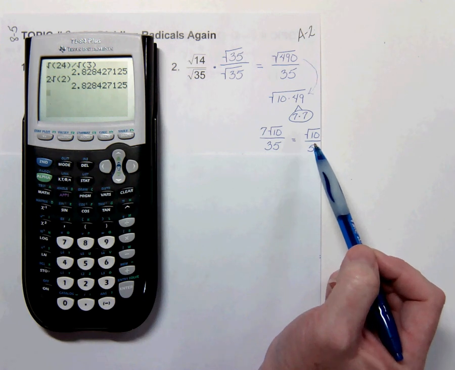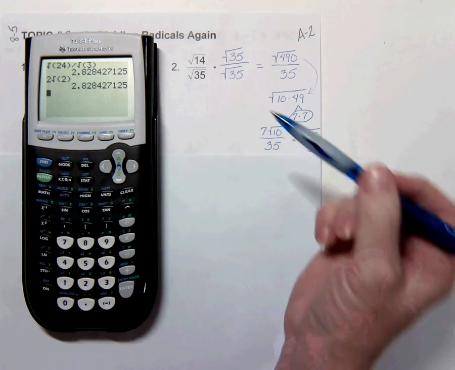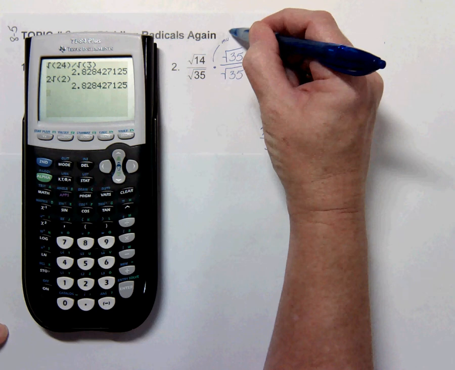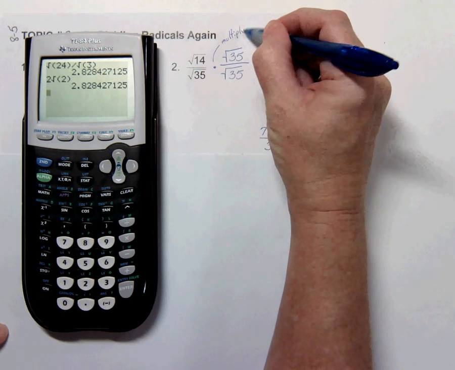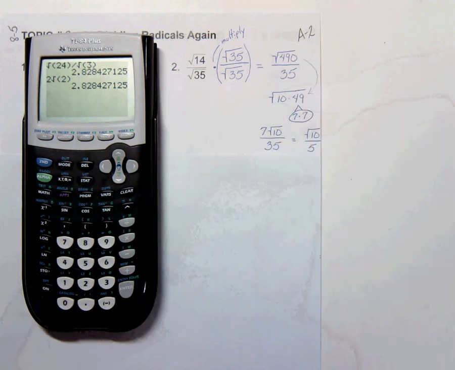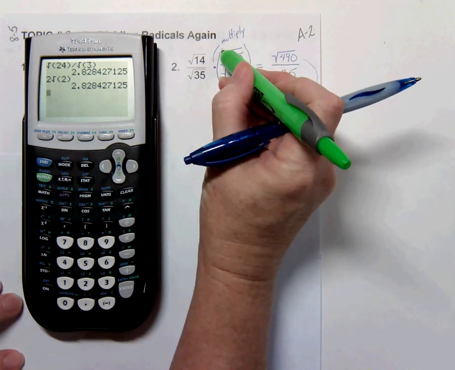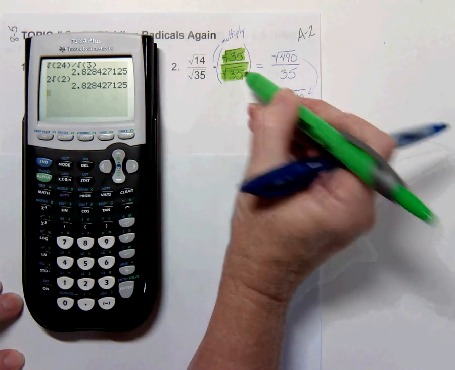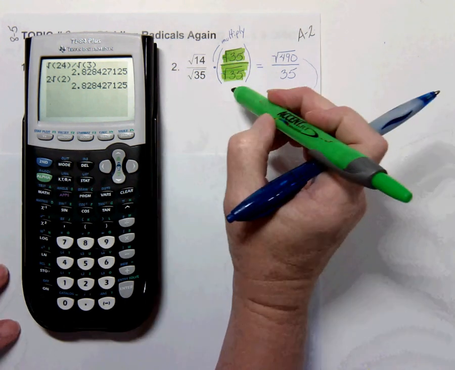Okay, we did a little in topic 8-4, and this is just a repeat of remembering that you will multiply by a product of 1. Sometimes I put this in a parenthesis because you need to realize that a square root of 35 over a square root of 35 is just 1.